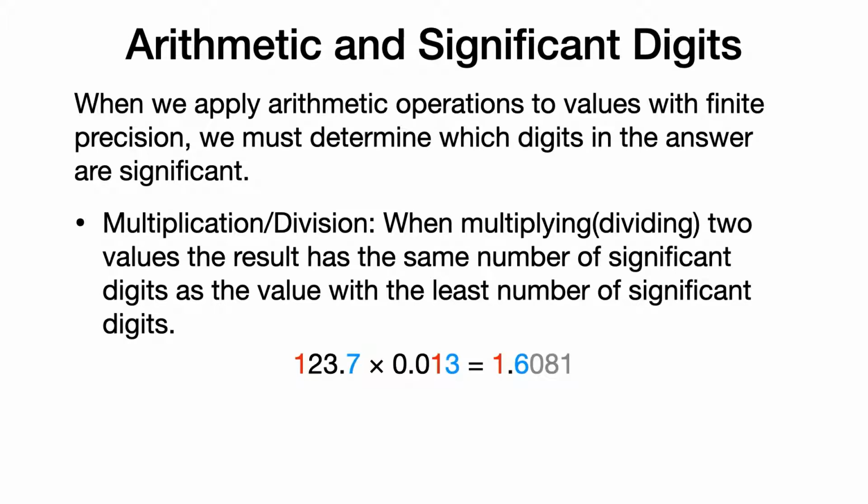All right, so the 1 in 1.6081 is our most significant digit, the 6 is our least significant digit, and the remainder of the digits are not significant. Now, if this were the final answer we were going to present, we would round this to 1.6.